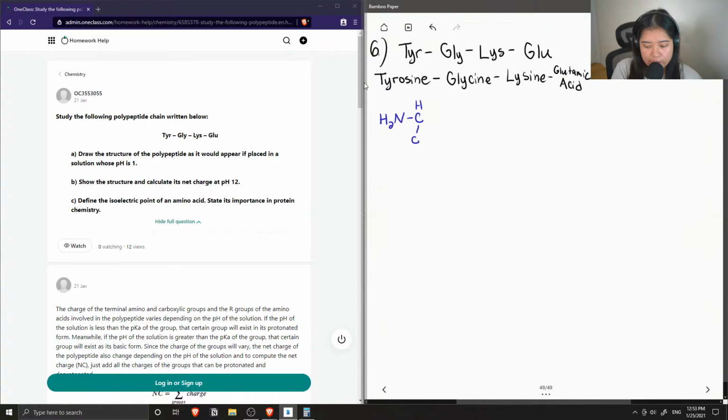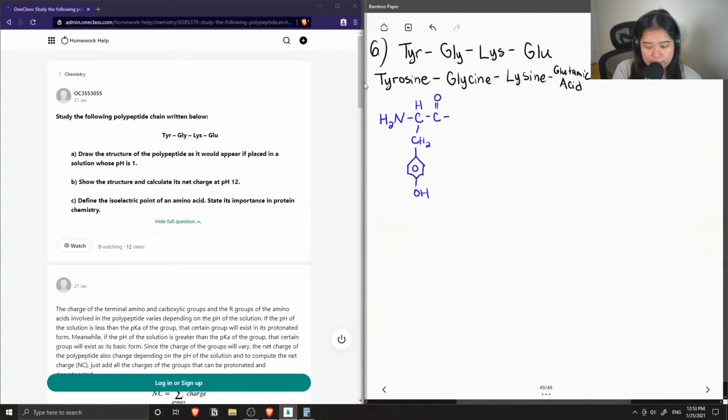So first I'll draw the R group for tyrosine. So tyrosine has this phenyl ring and also an alcohol group attached to it as well. And then I'll just draw the rest of the amino acid. So I'll draw its carboxylic acid functionality.